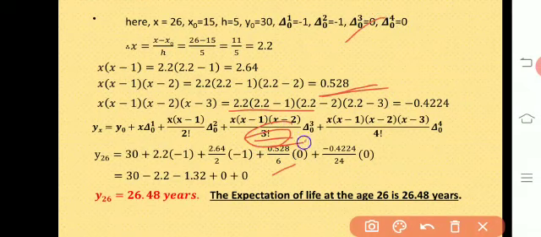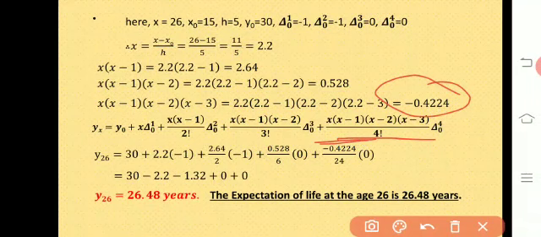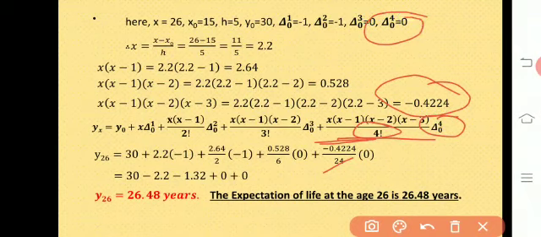So into 0, plus x into x minus 1 into x minus 2 into x minus 3. This value we have as 0.4224, so 0.4224 divided by 4 factorial. 4 factorial is 4 into 3 into 2 into 1, which is equal to 24, into delta 0 raised to 4, and delta 0 raised to 4 is 0.